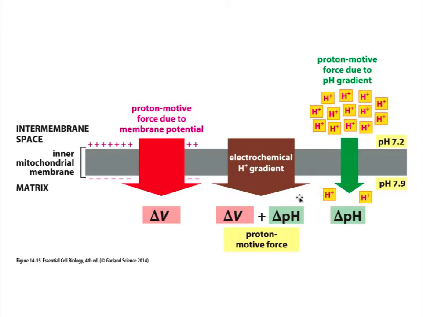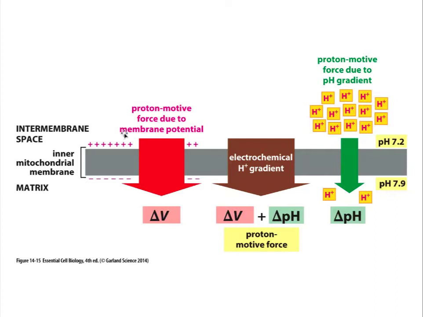Now, as you know from another chapter, the electrochemical gradient consists of two parts: the chemistry as well as the electricity. The chemical part is the driving force pulling the protons back again because they're higher in this space and lower in this space.